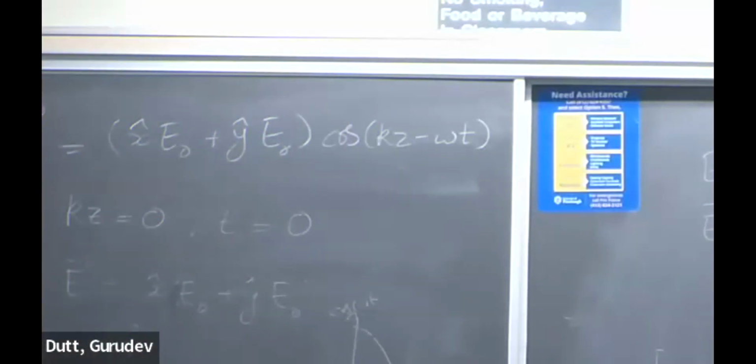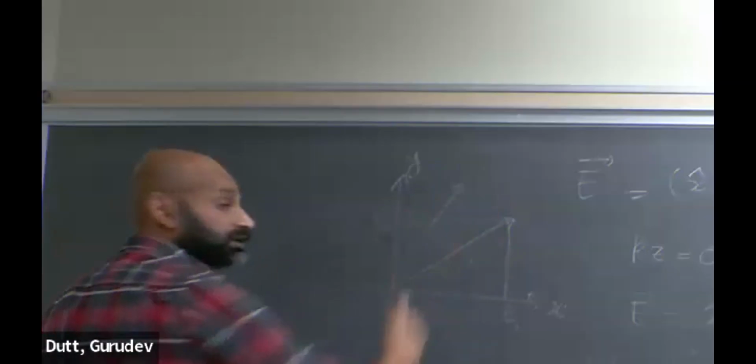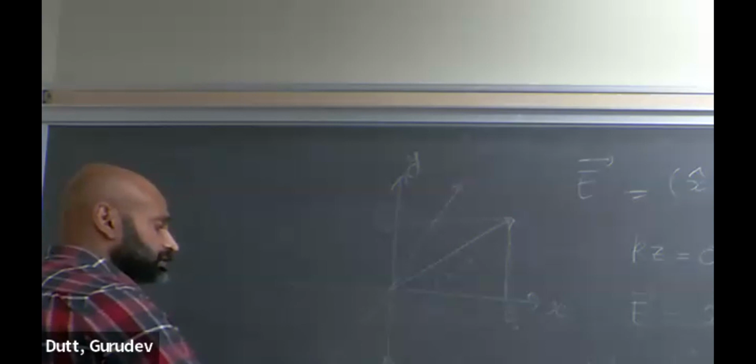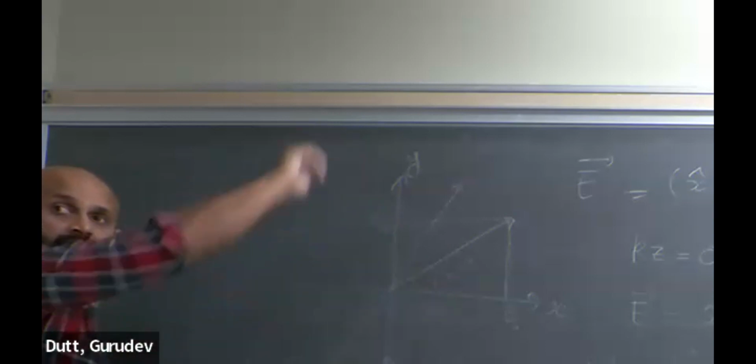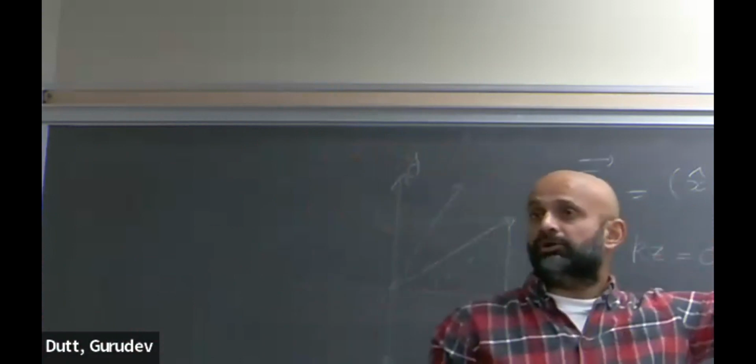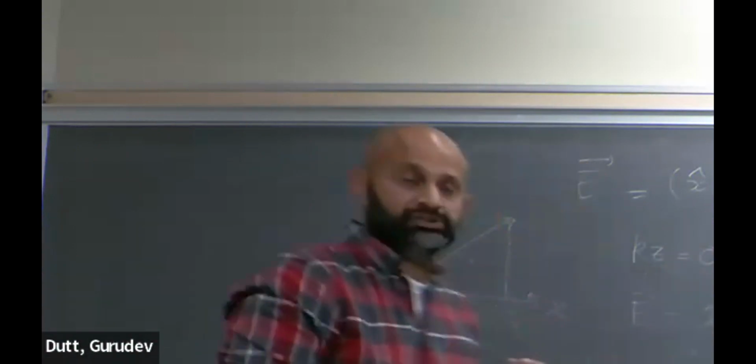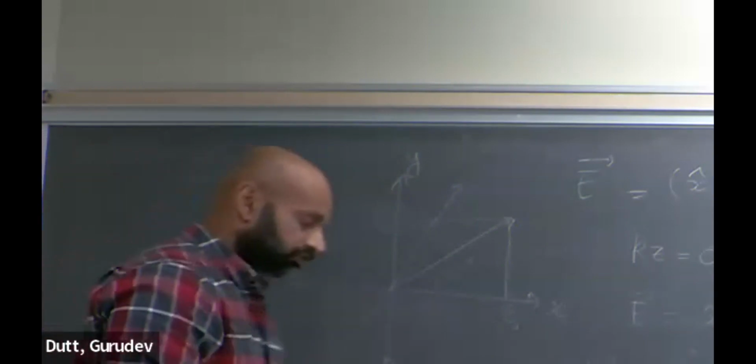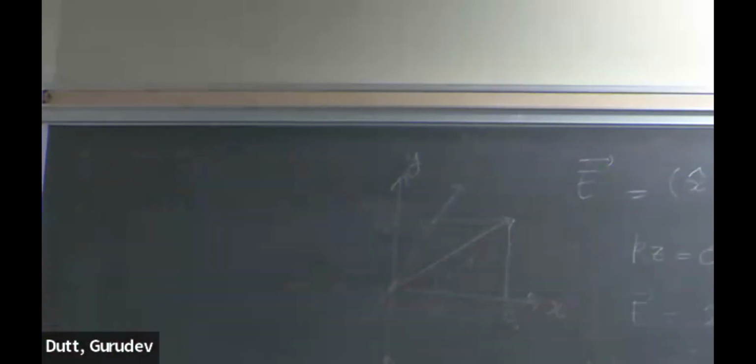So nothing has changed, I'm just at a different angle here, and I still live in the first and third quadrants, because the cosine kz minus omega t is common to both the x and the y component. So it just continues along this line, but the line is now tilted with respect to 45. It's no longer 45 degrees.